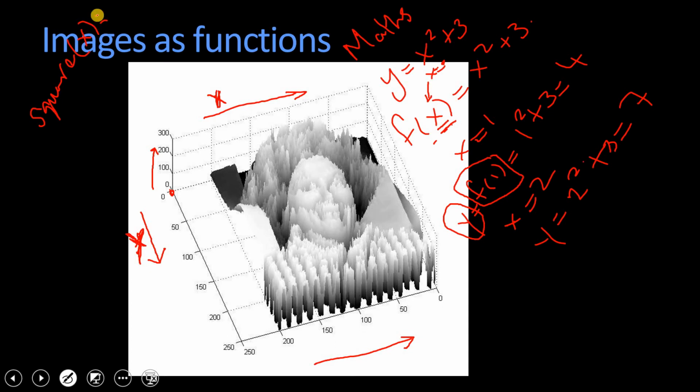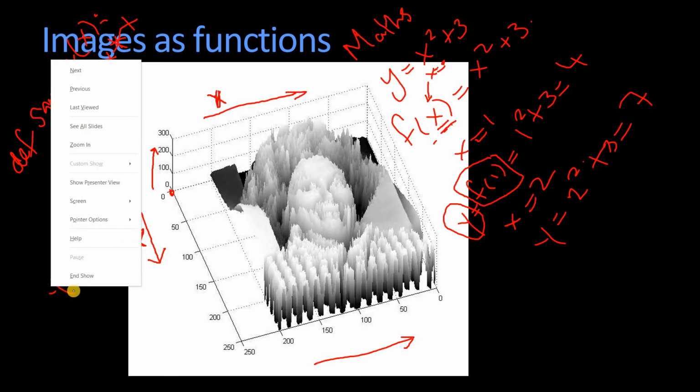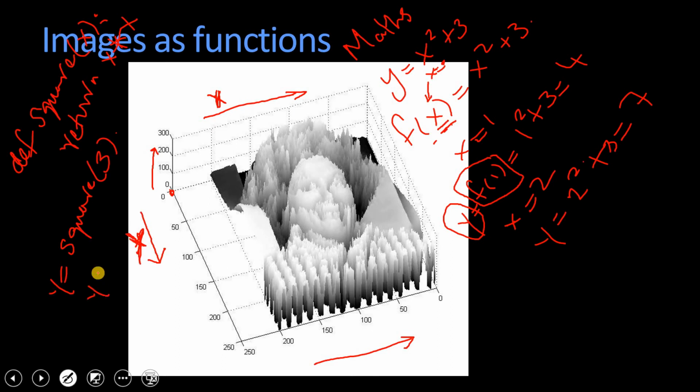Inside, I just write return x multiplied by x. Now whenever I call this function square with a value, for example square 3, it will return 3 multiplied by 3. Let's say I save the answer in the variable y, so y equal to 9.